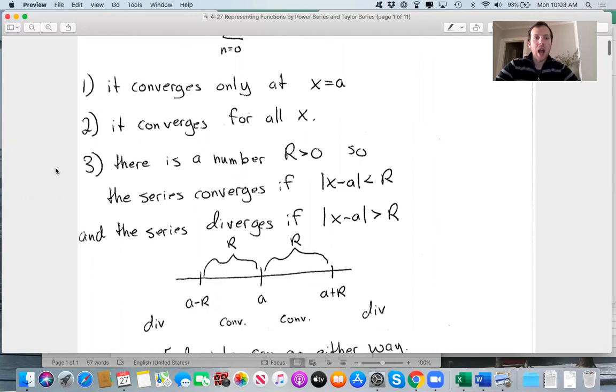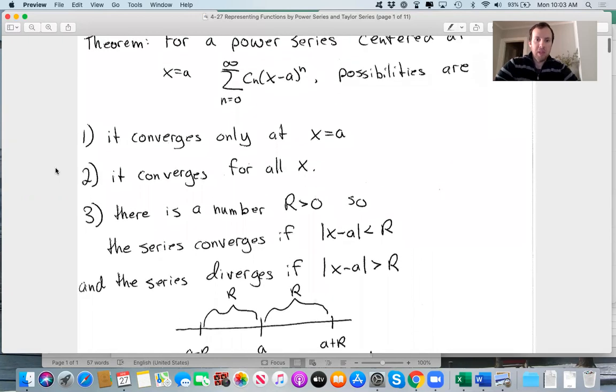And there are really three options for that. Either it only converges at a, and that's because if you put in a, you have a zero here. So almost every term that you write out is zero, except the constant one, which doesn't have any x's in it. The other option is that this converges for all x.